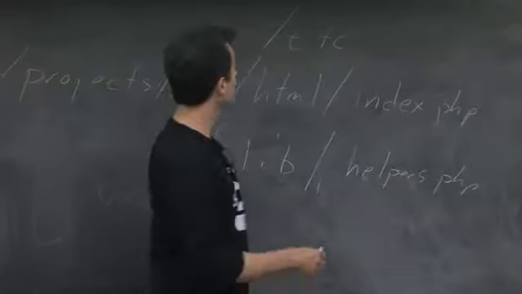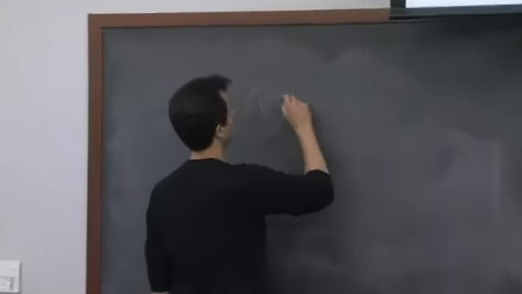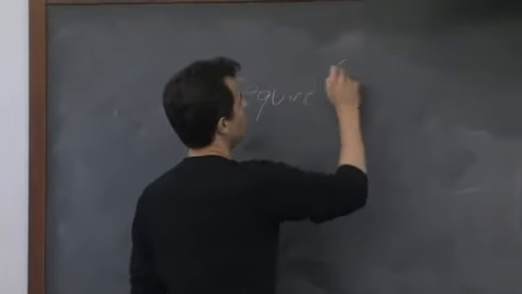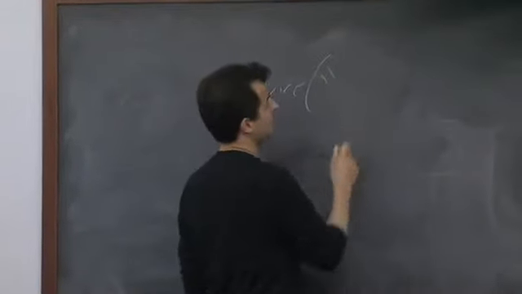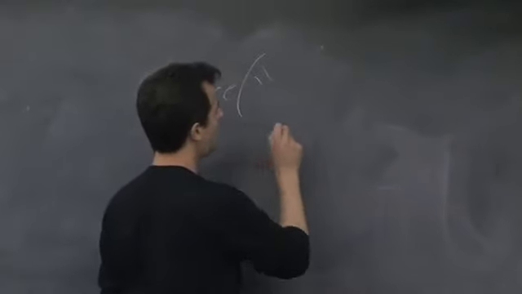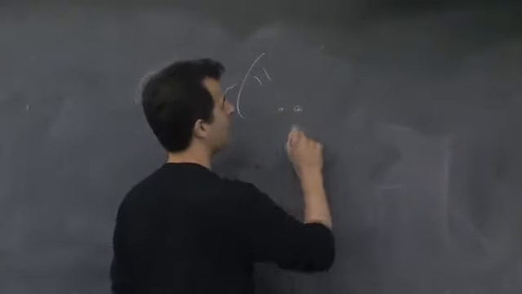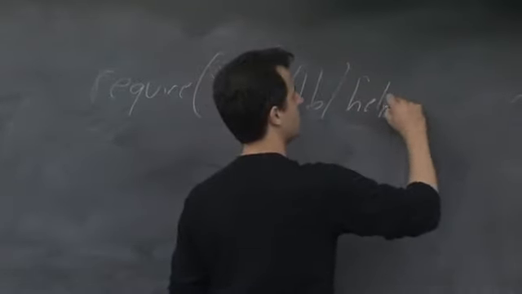But what you can very easily do is in index.php, you can use this function called require or include, whose parameter is the name of a file you want to include. And the simplest approach, frankly, if I'm inside of index.php, I can say require something that's one level back /lib/helpers.php.